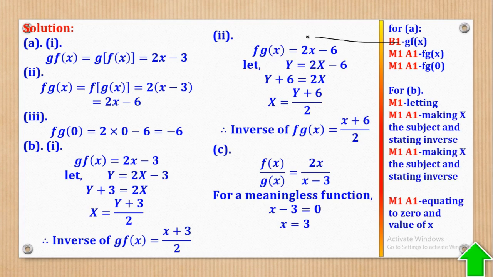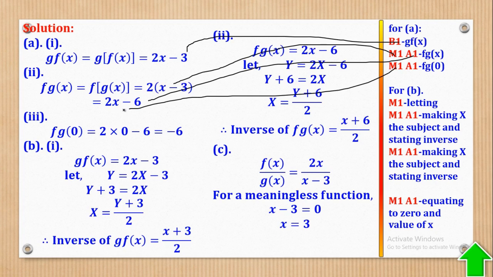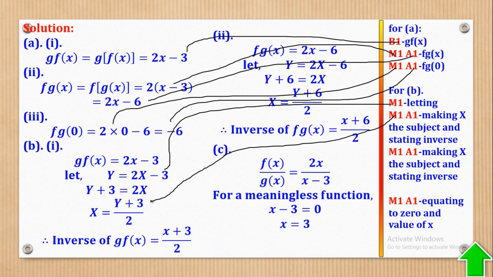So B1 for you to get gf(x), M1 for substituting and A1 for the output, M1 for substituting and A1 for the output. Here for part B, Roman 1, M1 for letting, so this part is very, very crucial. Then M1 for making X the subject and A1 for you to set the inverse.